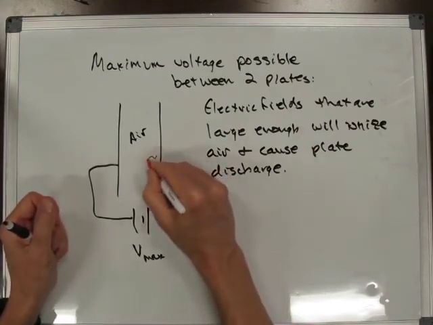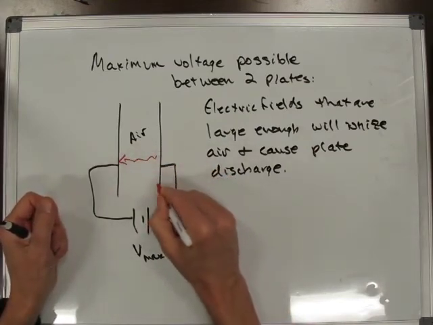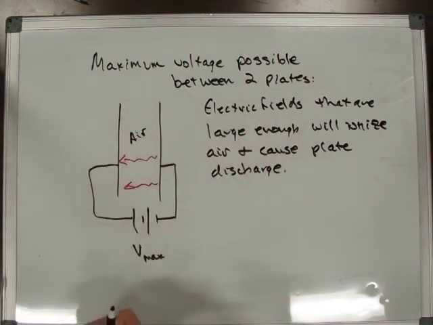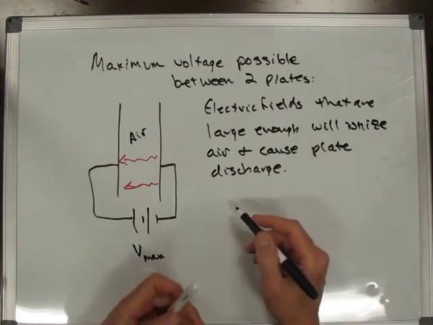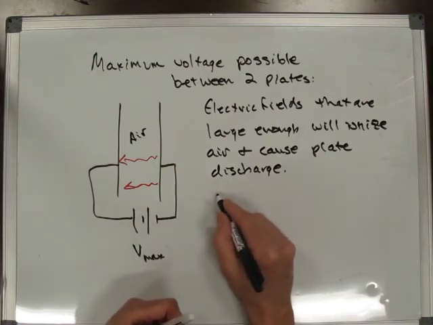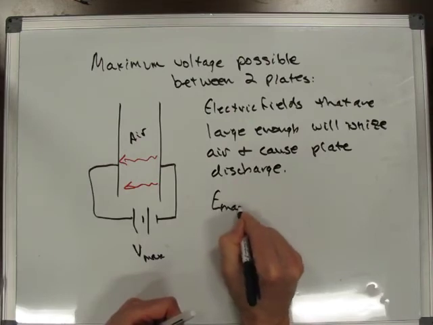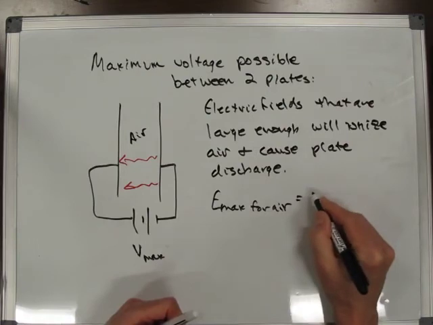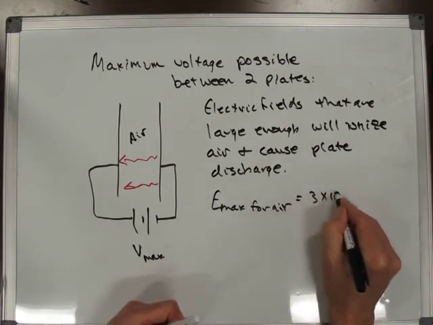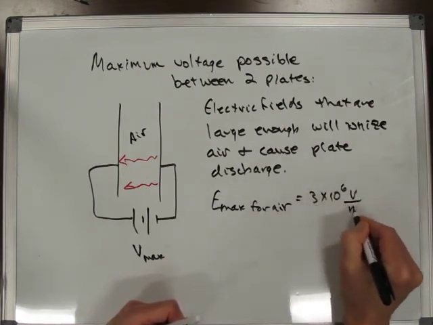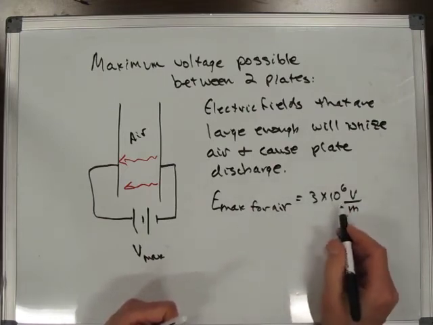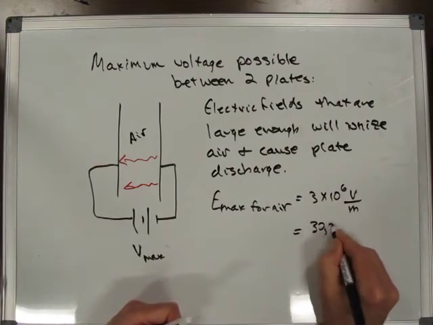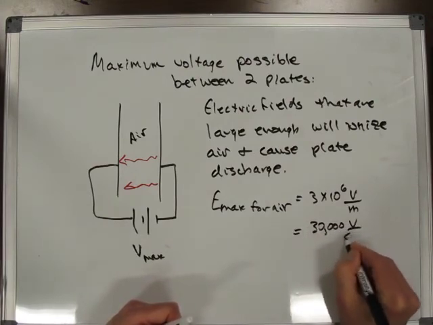Technically, the charges flow from negative to positive because it's electrons that are leaving, and thus neutralize the plates. And so it turns out that the maximum electric field air can handle is 3 million volts per meter. This is about 30,000 volts per centimeter.